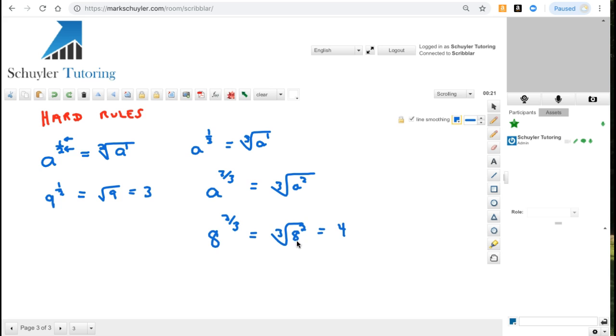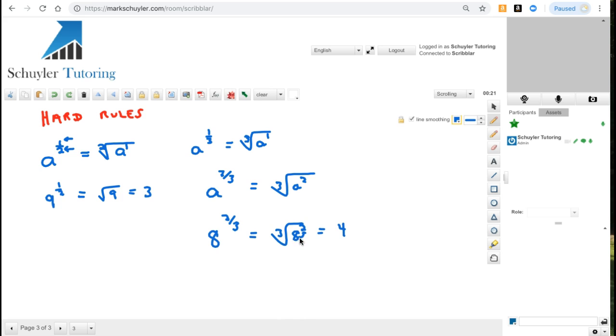So it doesn't really matter if you take the 8 and square it first, and then find the cubic root of that relatively large number, or if you take the cubic root of 8, a pretty small number, 2, and then square the 2. For all practical purposes, it works out on the SAT and ACT to the same answer.